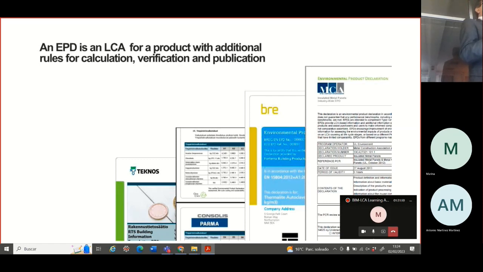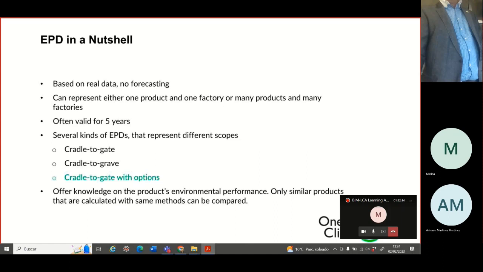A piece of paper mentioning you have a very green building. But in fact, behind that, it's a lot of work. It has discussion, and why I'm mentioning this, because that's my thing, you have to evaluate whether the system is correct or not. But it's up to you.